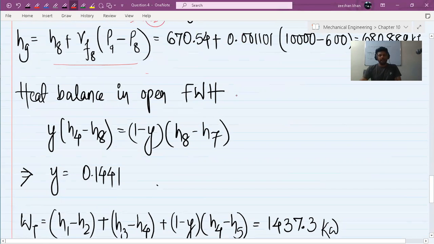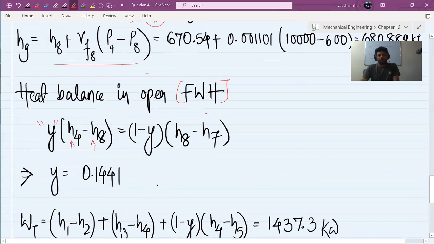Now comes the heat balance. Like I told you, my feed water heater is responsible for taking y amount of superheated steam from state 4 to state 8, extracting heat from it and giving it to the 1 minus y portion of subcooled liquid coming out of pump 1, taking it from state 7 to state 8.